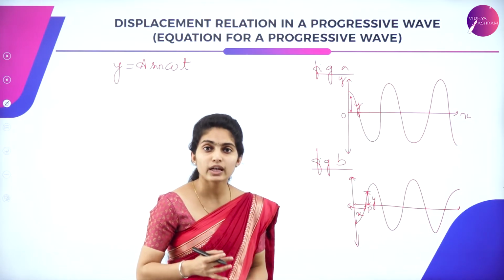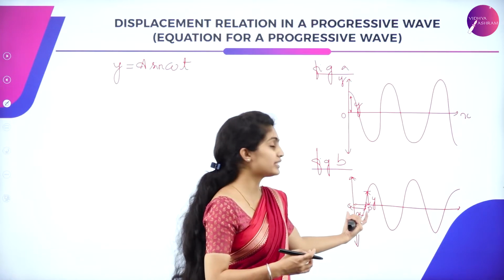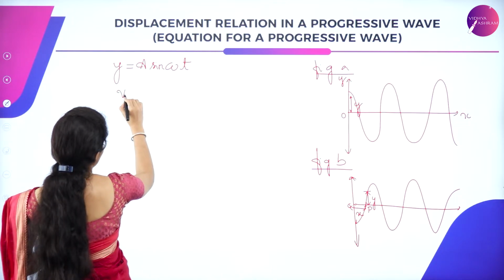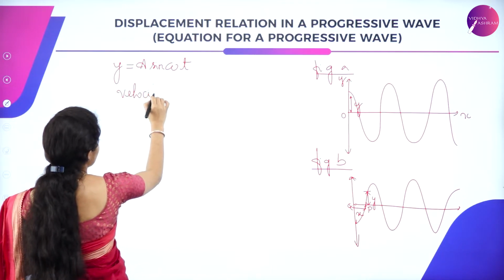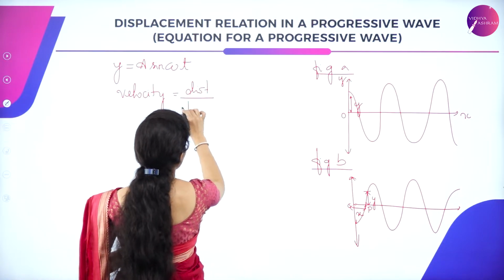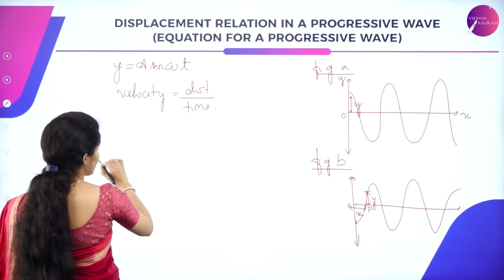How can you calculate the time taken for a particle to move this displacement? Since velocity is equal to distance by time taken, we can write time is equal to distance by velocity.